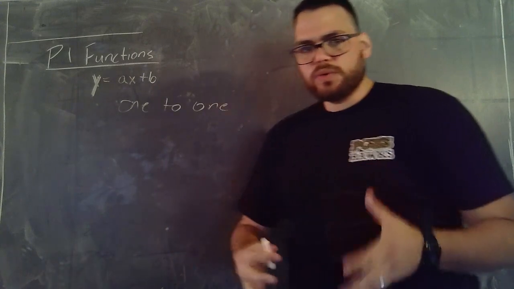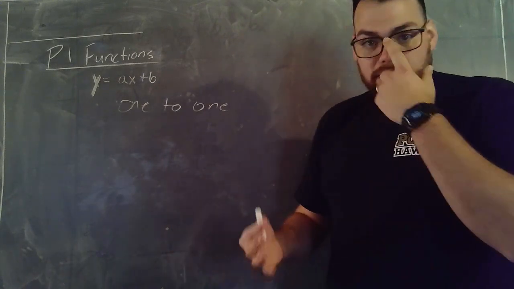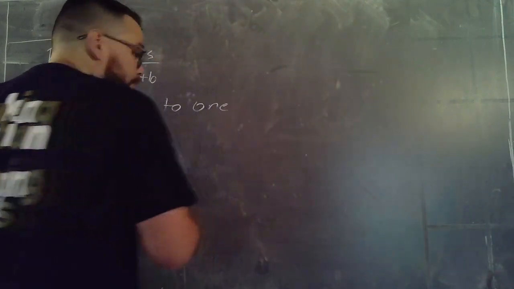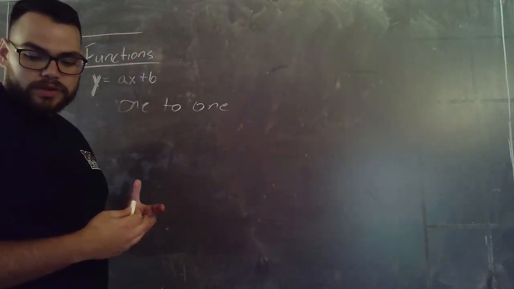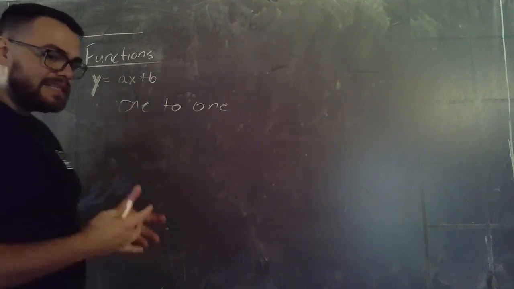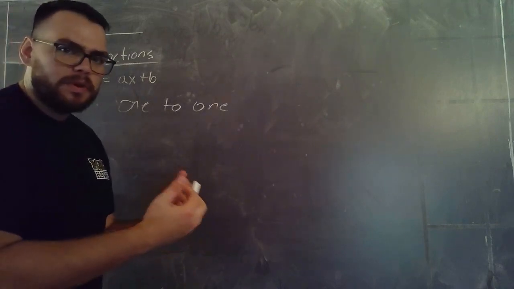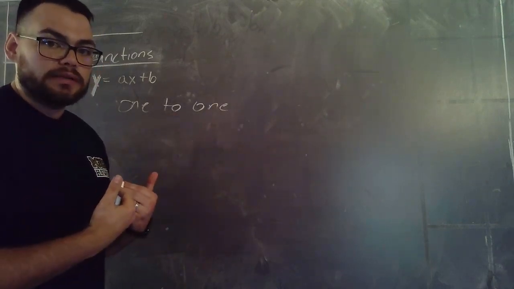Now sometimes we like to give you some equations, and let's actually give you one right now. This is going to be what is known as implicit, okay? So an implicit function is one that has both variables on one side of the equal sign, right?